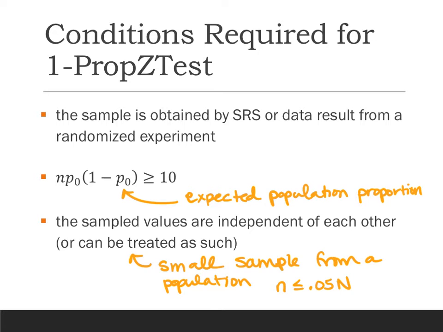So our sample size needs to be less than or equal to 0.05 times N. And we don't always know the capital N, but we can usually tell if you're talking about adults in America, or U.S. adults, whatever, and you've taken a sample of like 2,000 people, well, that's obviously far below 5% of our entire population. I mean, that's probably less than 5% of just Knoxville. So we're usually pretty set with that one, as being able to treat them as independent.